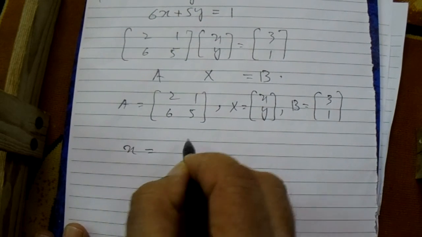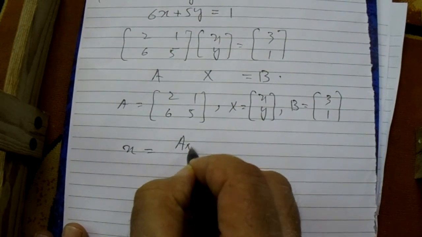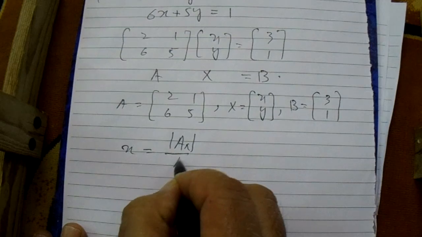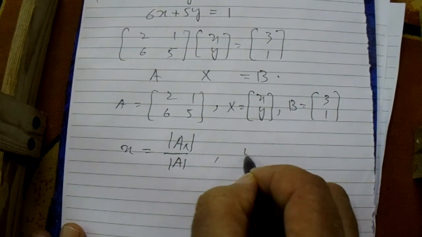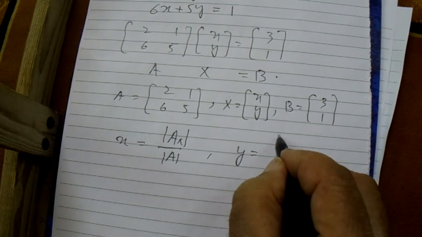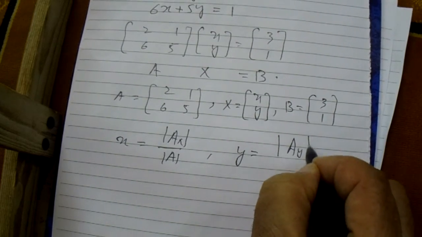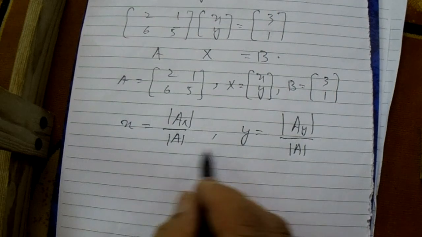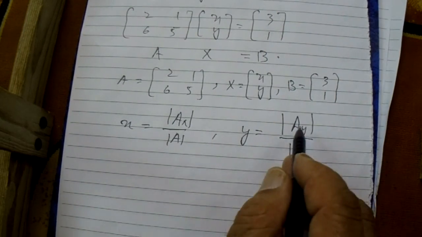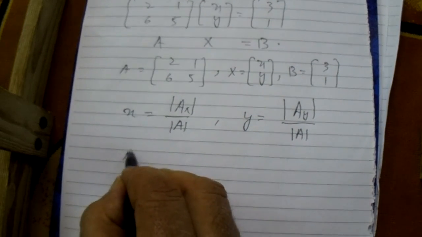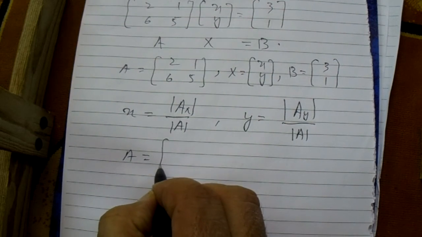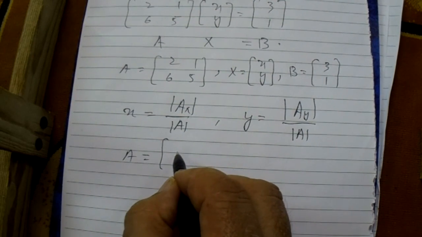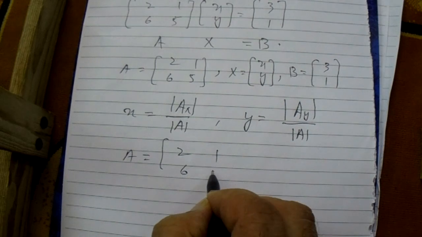Now by Cramer's rule we know the formulas. X is equal to det Ax over det A, and y is equal to det Ay over det A. Now we find first of all det A, then det Ax, then det Ay. Now we have matrix A equal to 2 1 6 5.